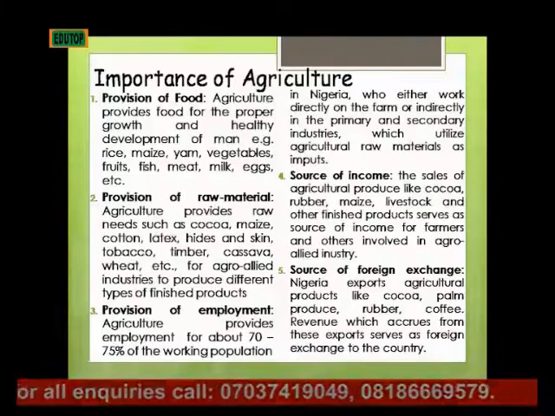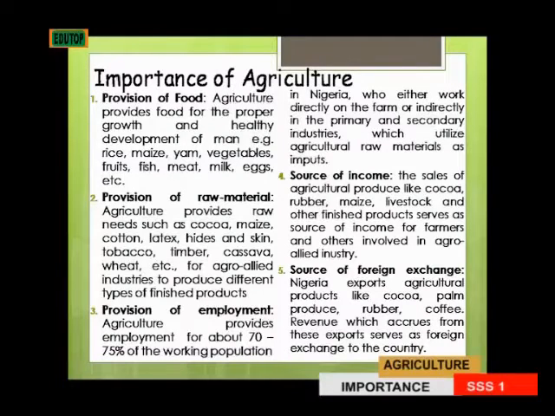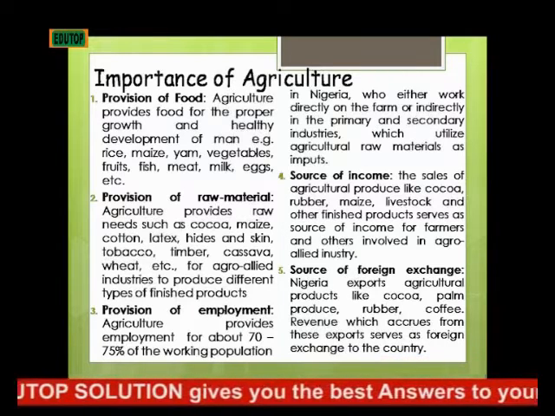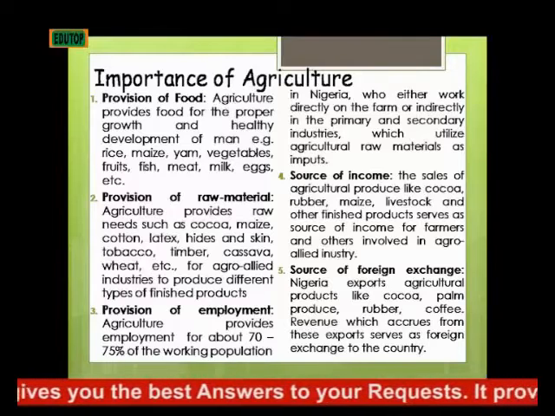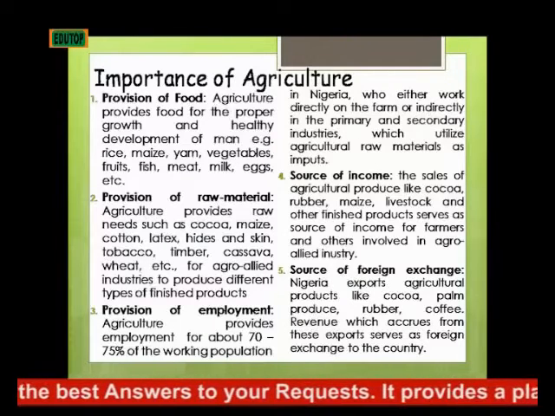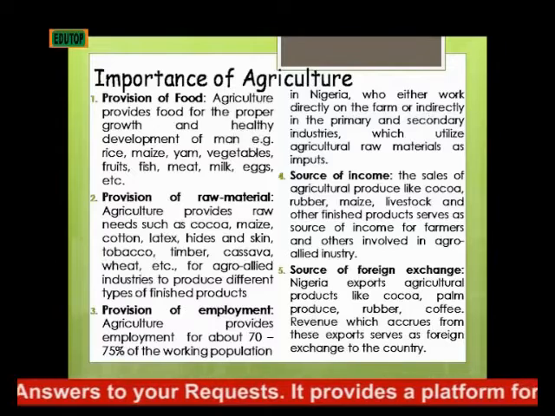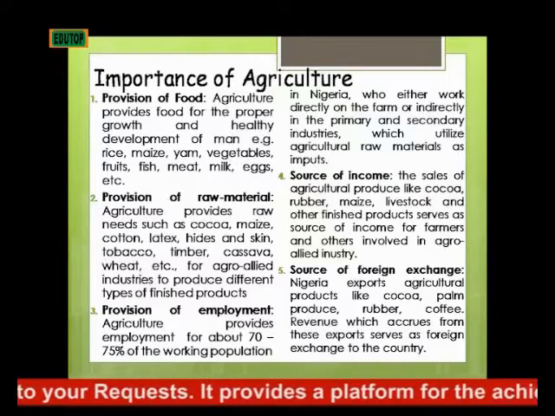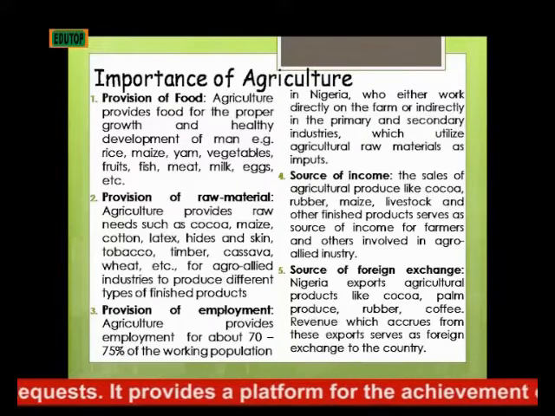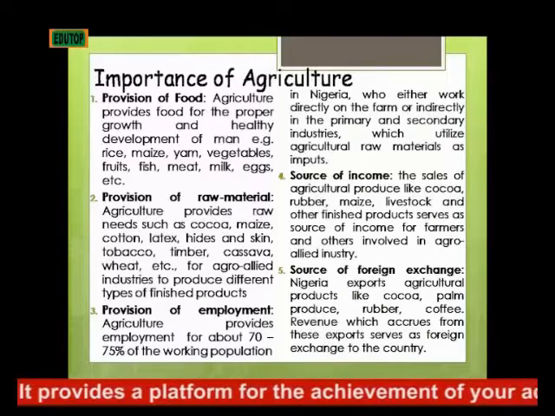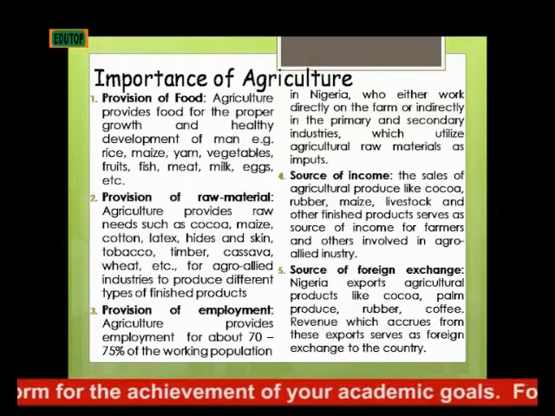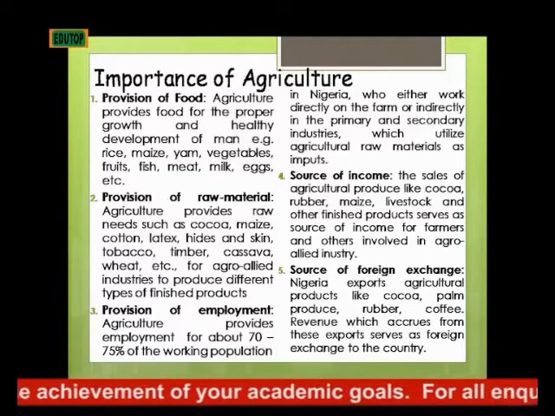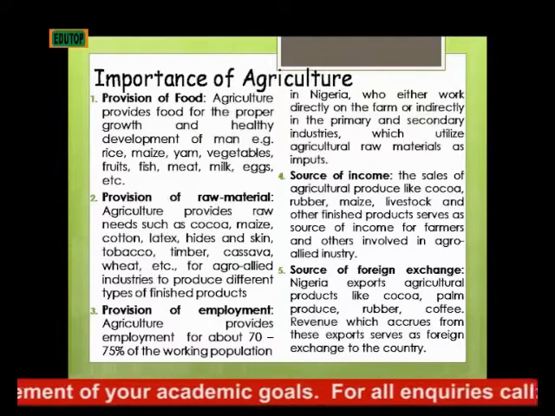in Nigeria who either work directly on the farm or indirectly in the primary and secondary industries which utilize agricultural materials as inputs. The farmers on the farm are those that are directly employed by agriculture, and then those in the processing industries, that is, those that process agricultural produce, also agriculture provides employment for them.